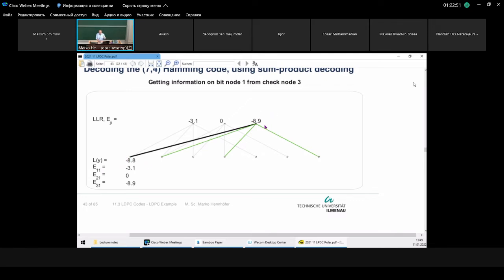So from these 3 green guys, I get the information, a log likelihood ratio of -8.9. So quite a very safe decision that the first guy is a 1-bit. So now notice we have gained information on this guy: we have information from the observation, we have some information over check node 1, we have some information over check node 3.